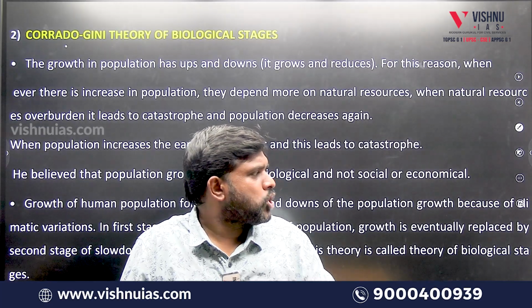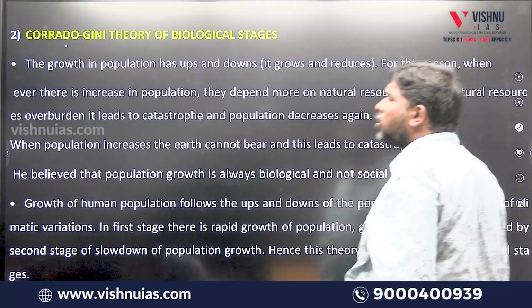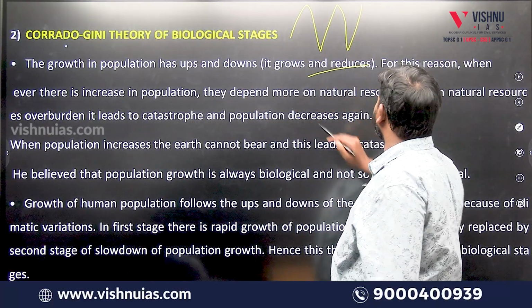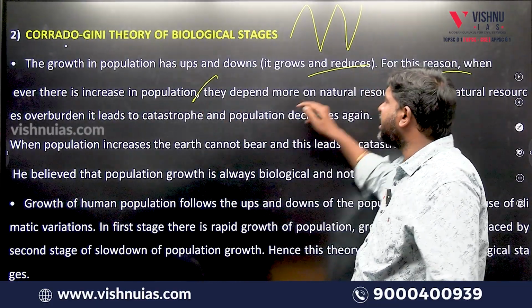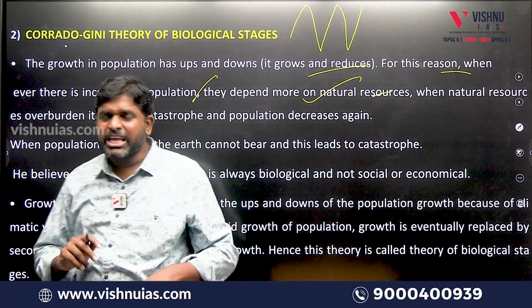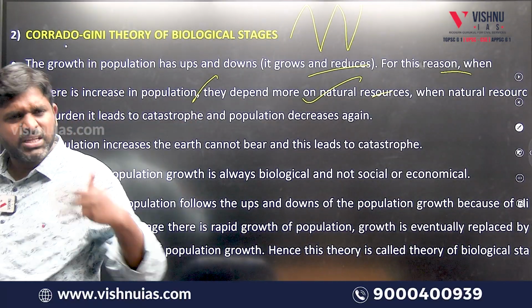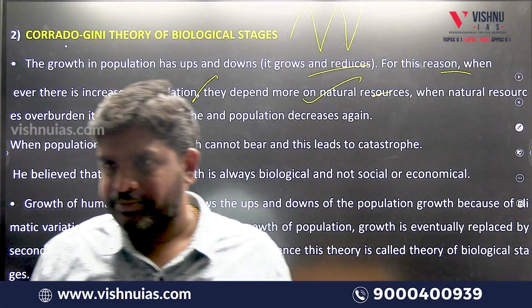The second theory is called the Corrado Gini theory of biological stages. The growth in population has ups and downs. It grows and reduces. Whenever there is an increase in population, they depend more on natural resources. What he wanted to tell, almost the same, is that as there is a general tendency, the population increases initially.